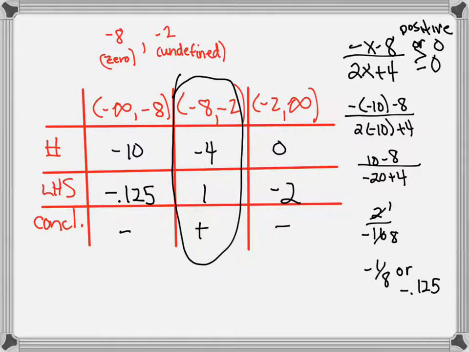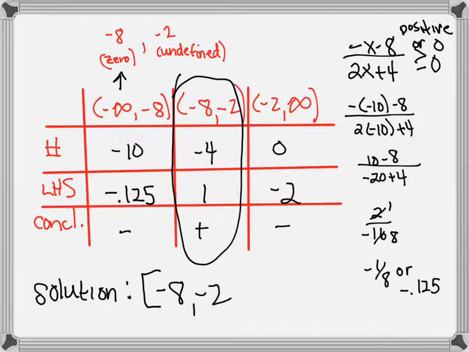So that is just my one interval, but I do have to bear in mind which of those values might be a 0. So I have negative 8 to negative 2. Negative 8 is a 0, so it's included, but negative 2 is an undefined value, so it is not. My solution goes from negative 8 to negative 2, including negative 8, but not negative 2.